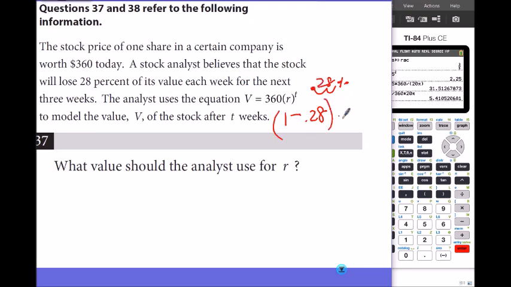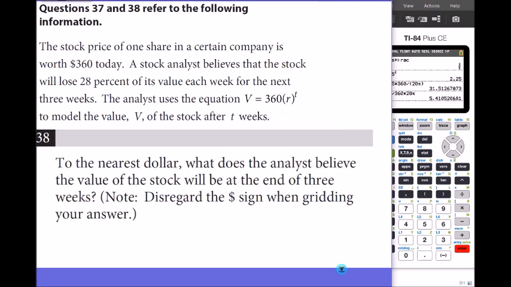So that gives you 0.72 as your r. Okay? If it was increased by 28%, it would be 1 plus 0.28, 1.28, but it's going down, decreasing, losing. It will lose, so it goes down, so you subtract that percentage from 1.